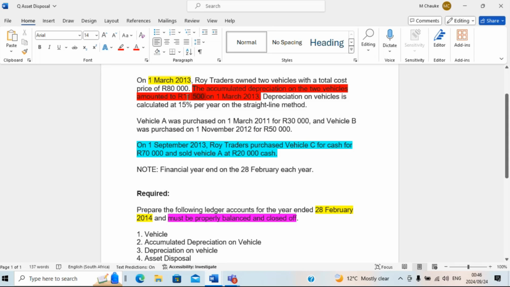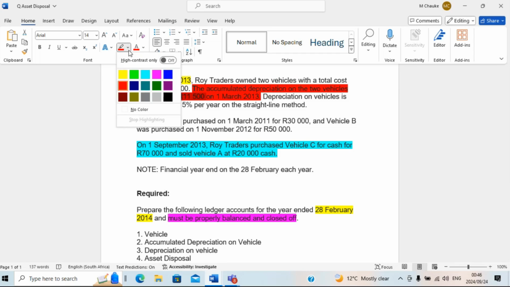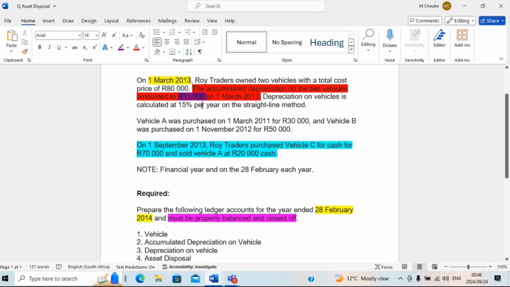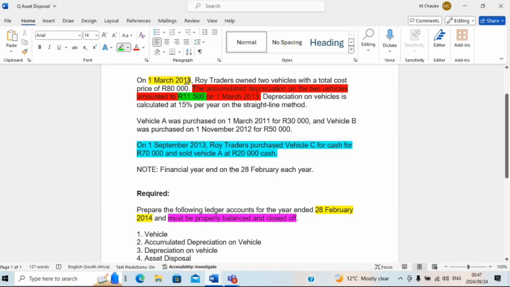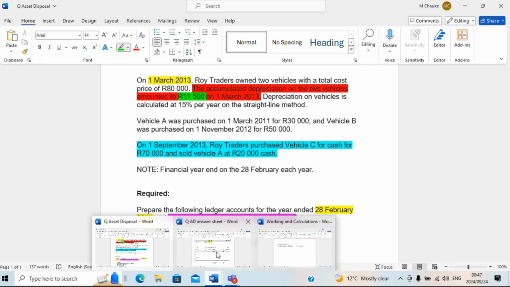So this 11,500 will be our opening balance for accumulated depreciation, right? Because remember, our opening balances are going to be found on the 1st of March 2013, because the 1st of March 2013 is our opening date, the date at the beginning.